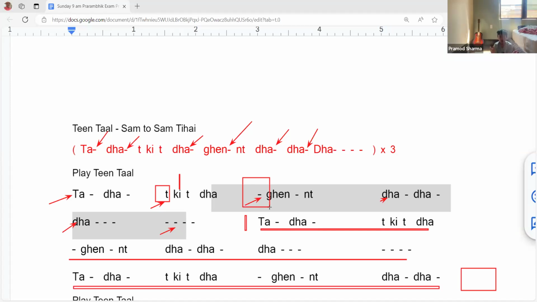Ta tha ta ki ta in ta tha 3 1 2 3. It's not coming correct. Is it too difficult, guys? Let's try with Kedar. Ishan, I don't think I can ask because I'm not able to hear you. So, Kedar, you want to try?